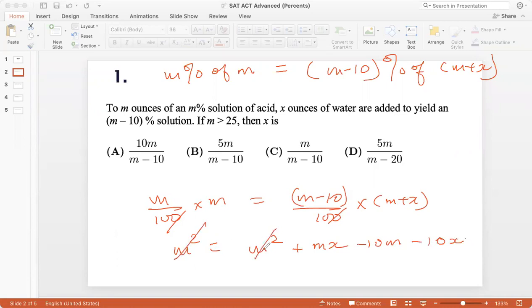So m square and m square cancels. So if I bring 10m to the left-hand side, I get 10m is m minus 10 times x. So x is 10m divided by m minus 10. So the value of x is 10m divided by m minus 10, option A.